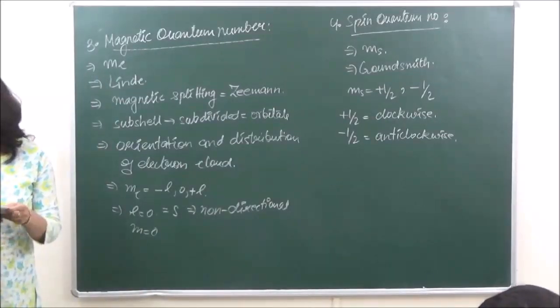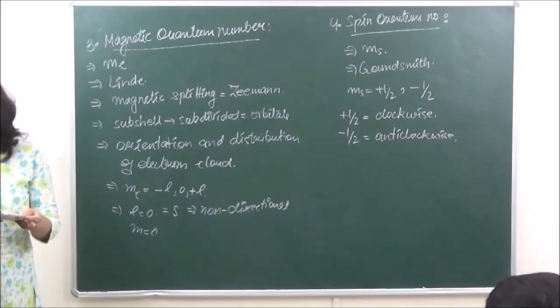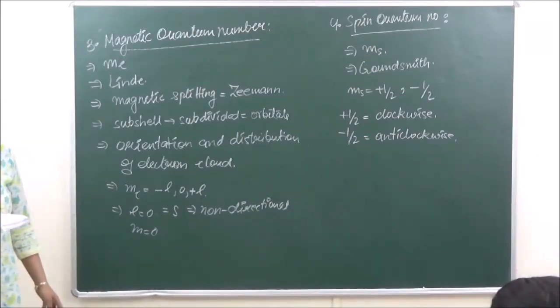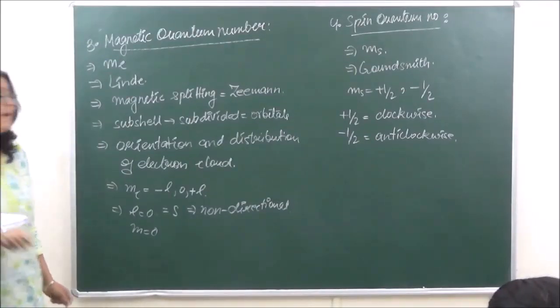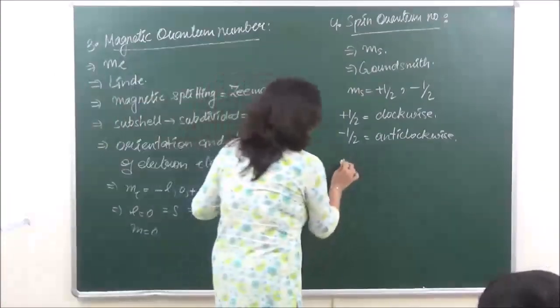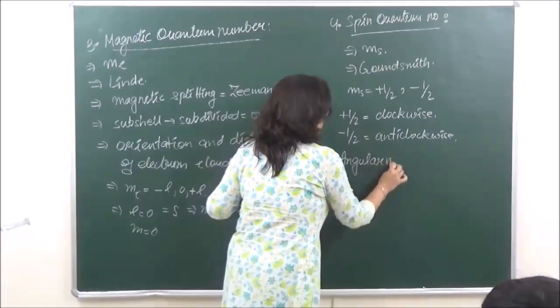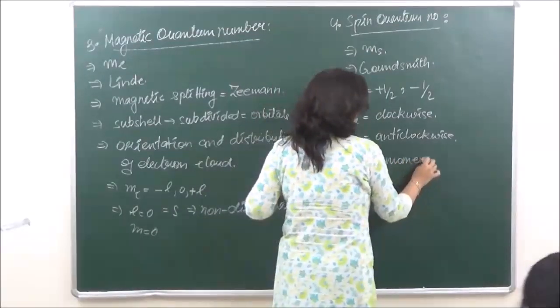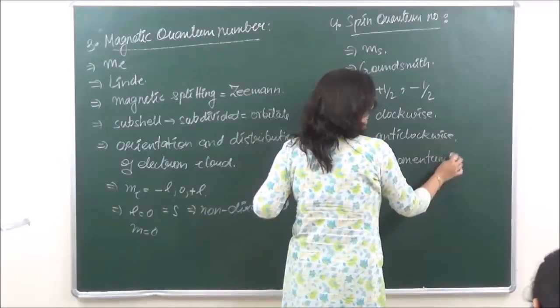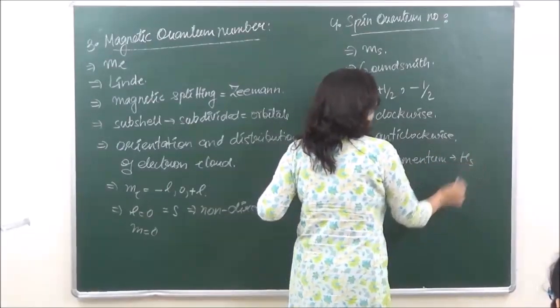Right? And when we are talking of the spin quantum number, it gives us the value of spin angular momentum, denoted by mu s.